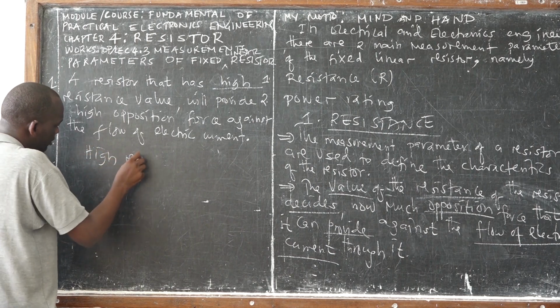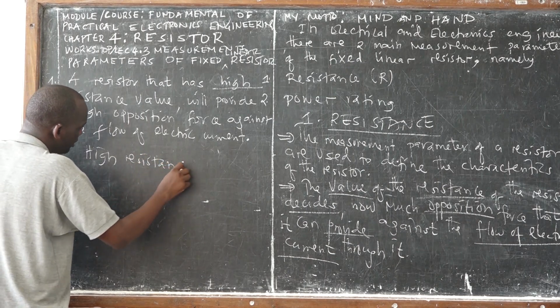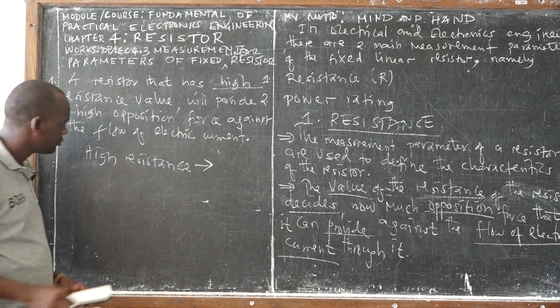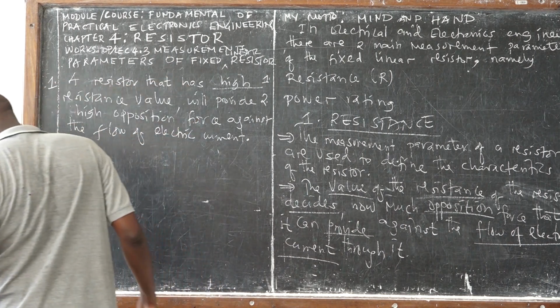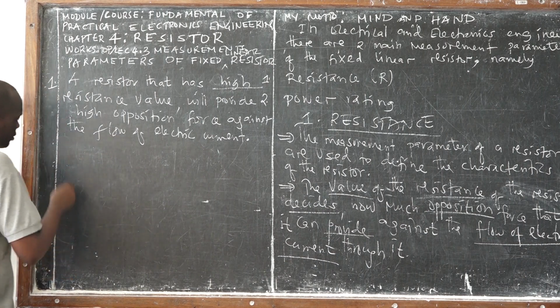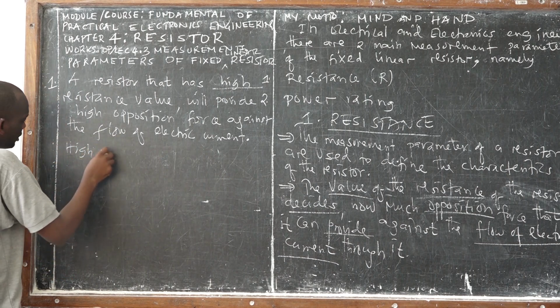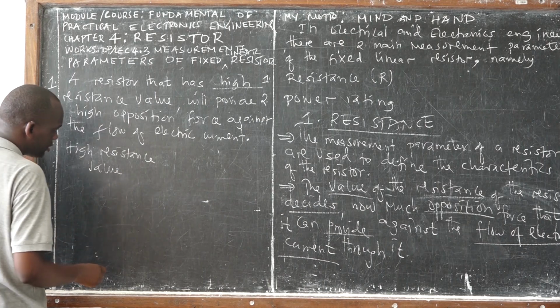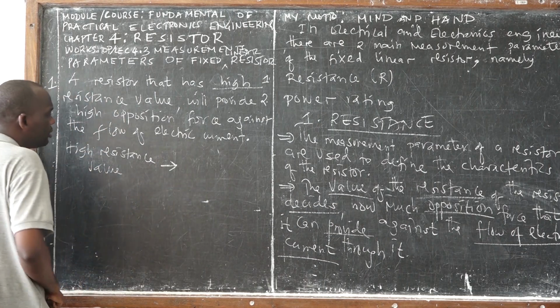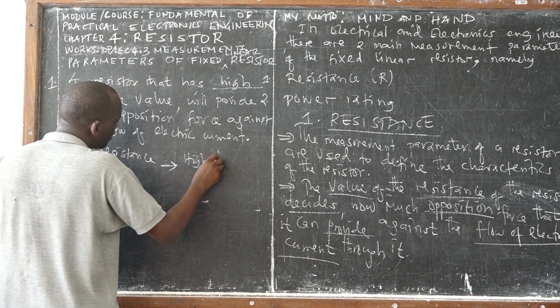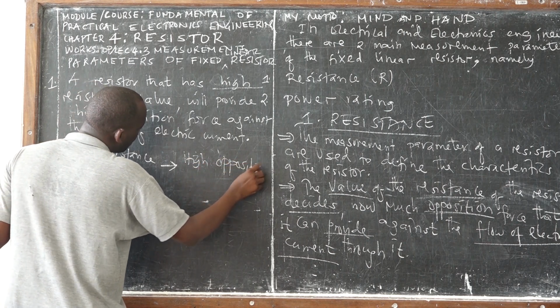High resistance value will provide high opposition against the flow of current.